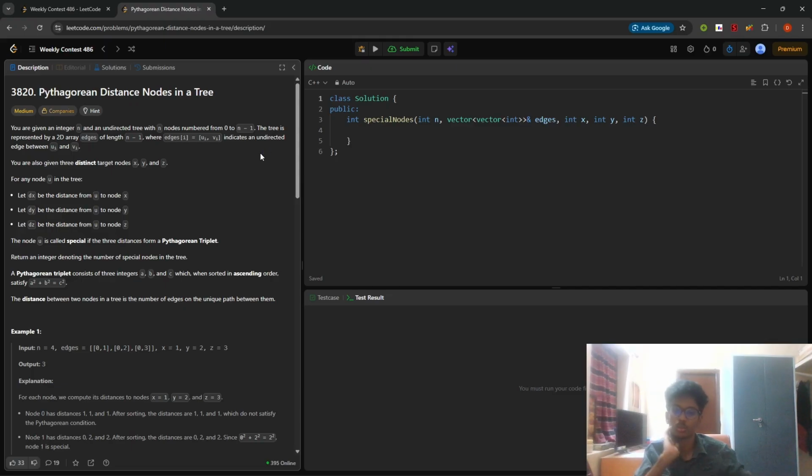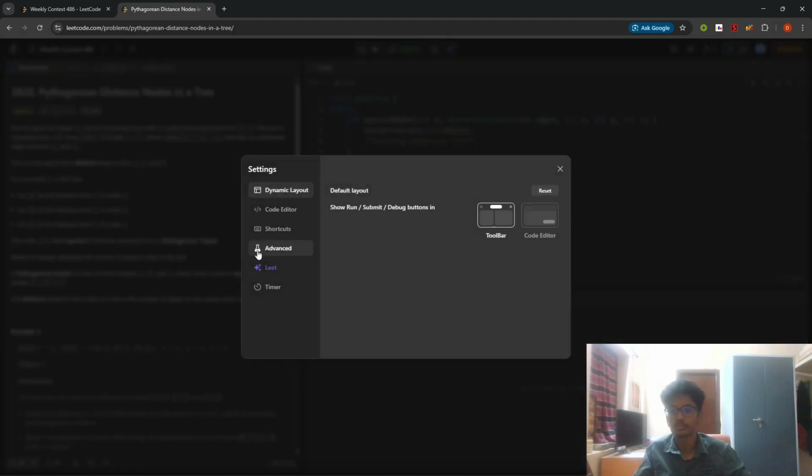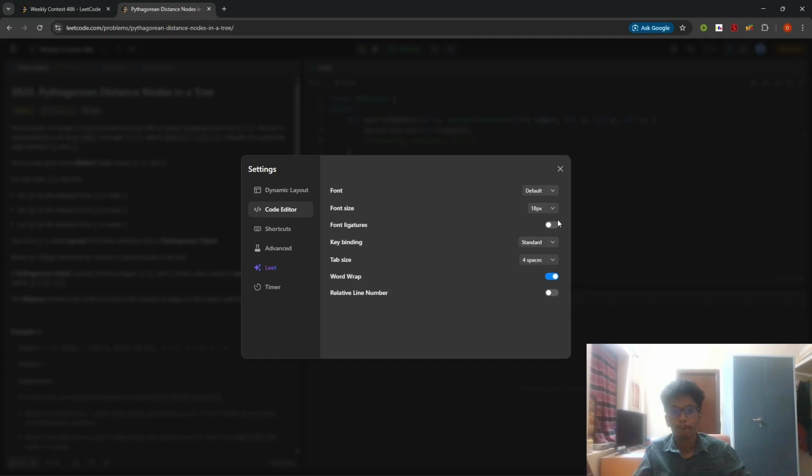So how about we make an adjacency list first. Okay, we made an adjacency list, and now build the list. Let's increase the font size a bit, 21 pixel.